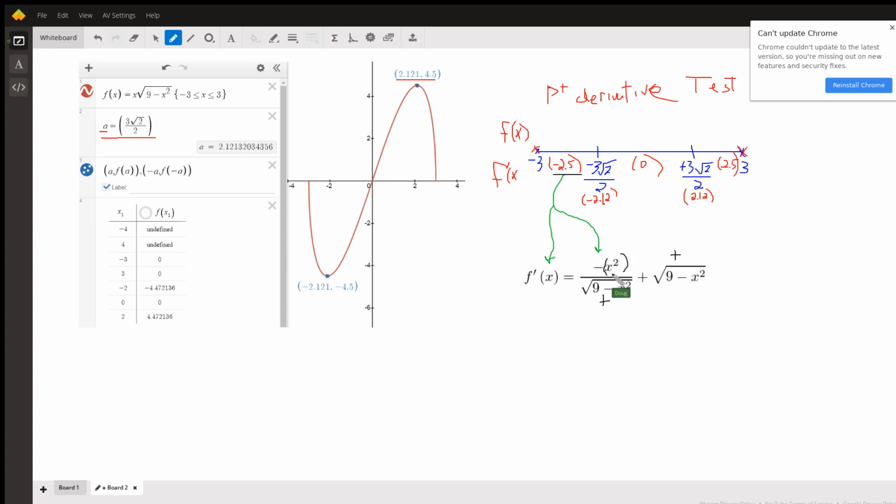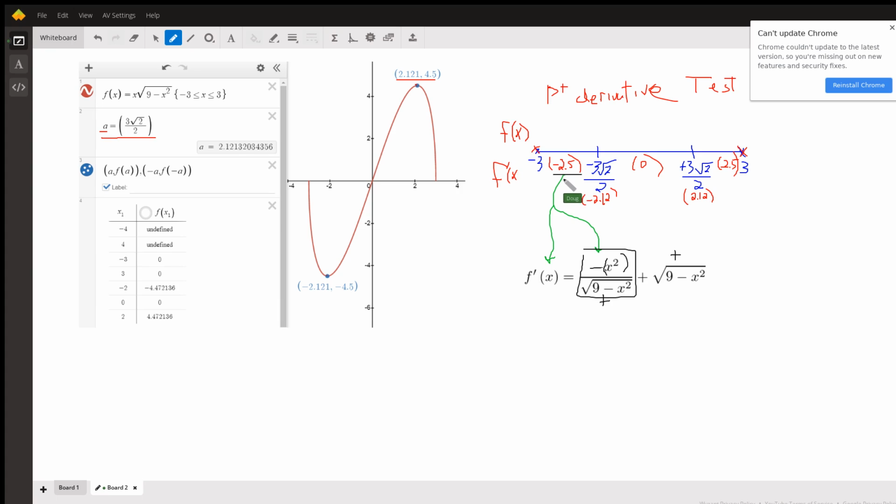When I square negative 2.5, I'm going to get a positive, but then I take the opposite of that. So if I put negative 2.5 into this function, the question is, will this negative term be less than or greater than this term? I'll let you do that, but you'll find out that this is negative.